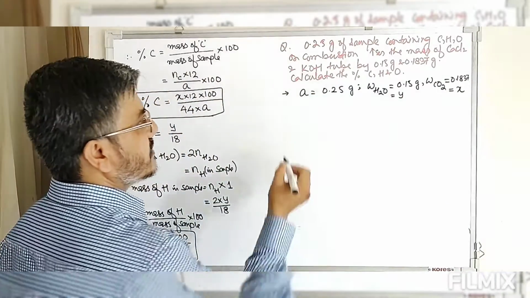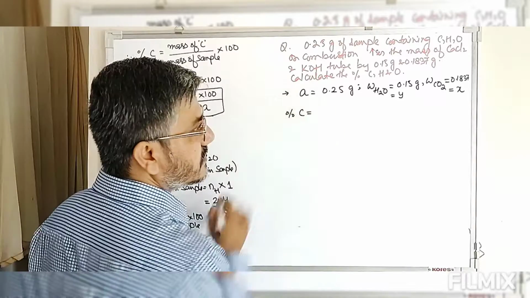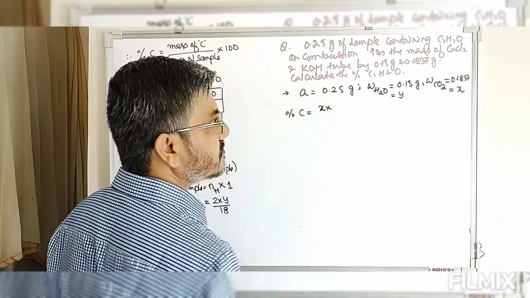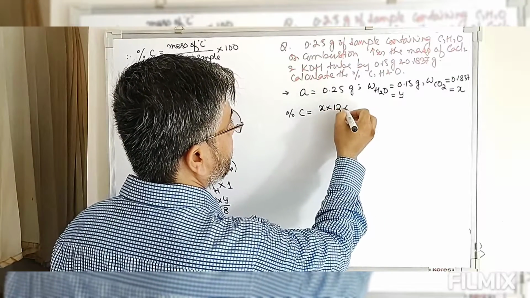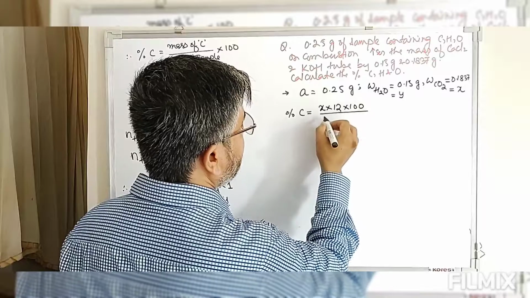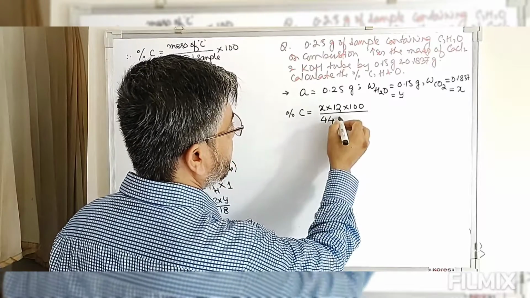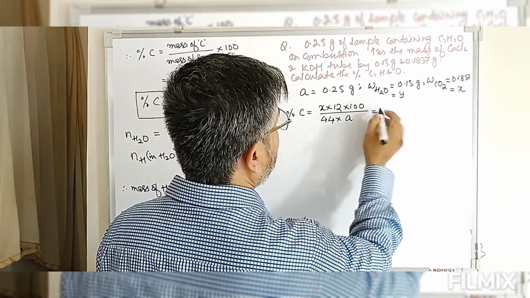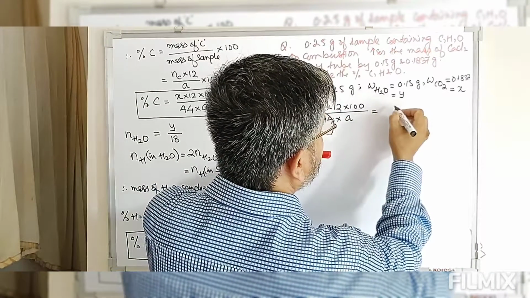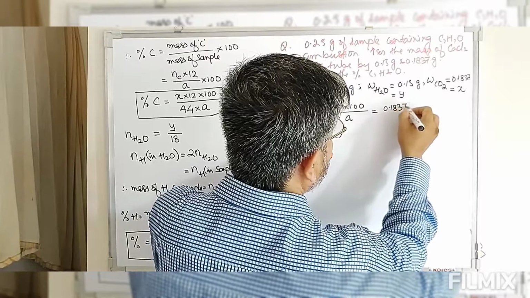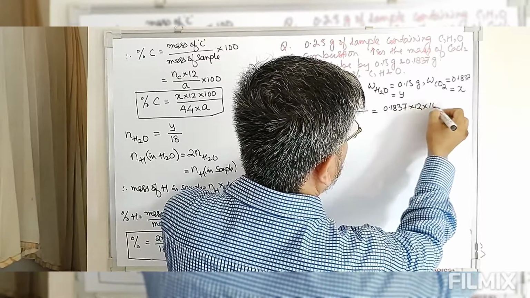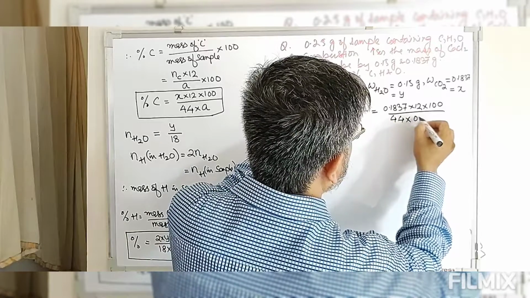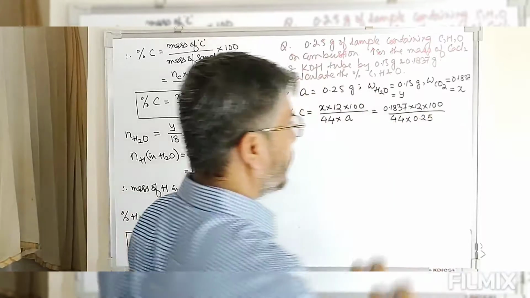Now we have to find the percentage. The percentage of carbon is the mass of carbon dioxide formed, that is X, into the atomic mass of carbon, which is 12, into 100, divided by the gram molecular mass of carbon dioxide into the mass of sample. So we have all this: 0.1837 into 12 into 100, divided by 44 into the mass of sample taken, 0.25.